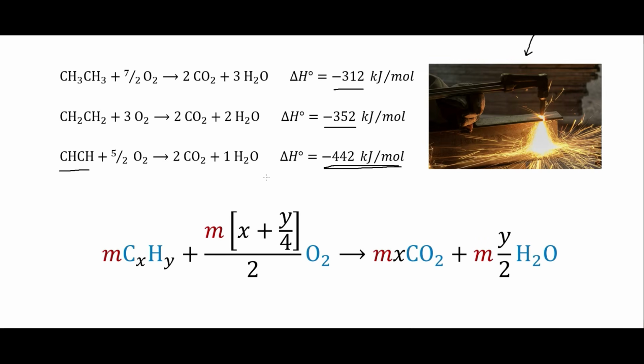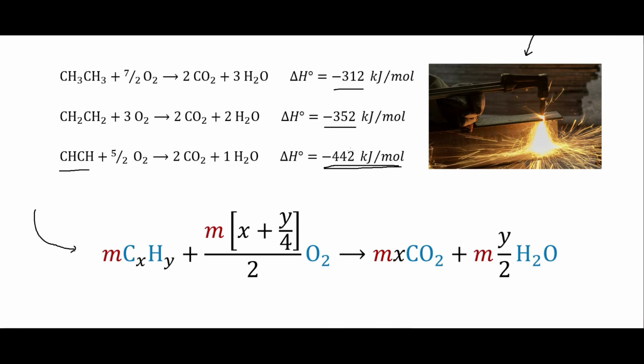And so this is just a formula here. I didn't really know what video to put it in, but since we've now covered all of the alkanes, alkenes, and alkynes, or at least we're currently covering the alkynes, this is just a formula you can use for combustion reactions.